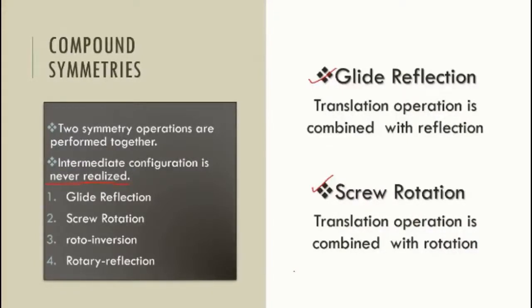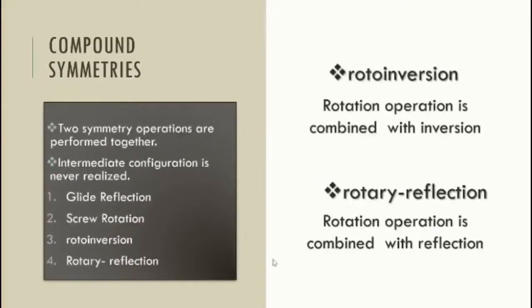In roto-inversion, rotation is combined with inversion operation, whereas in rotary reflection, rotation is combined with reflection symmetry. The set of points generated by both roto-inversion and rotary reflection are the same. In this sense, both generate the same configuration.